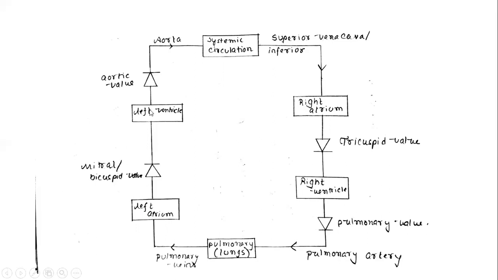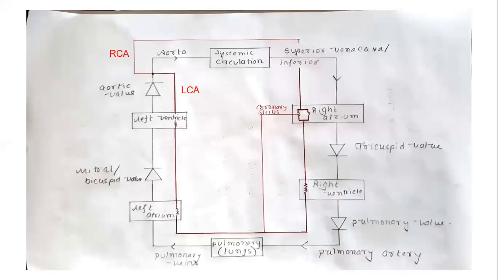From the left ventricle, the blood passes through the aortic valve and, flowing into the aorta, repeats the systemic circulation throughout the body and collects the deoxygenated blood again through the superior and inferior vena cava into the right atrium, and repeats the whole process again. So this circulation is associated with the whole of the body. Now there is another circulation that needs to be mentioned separately. That is the coronary circulation, the circulation through the heart.